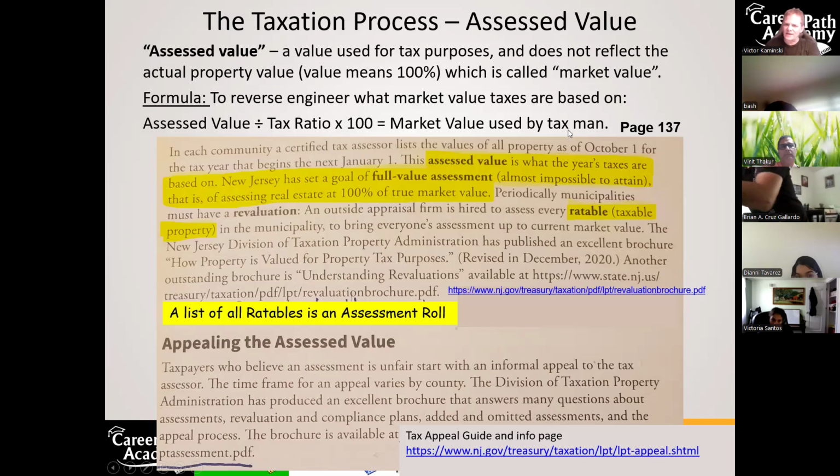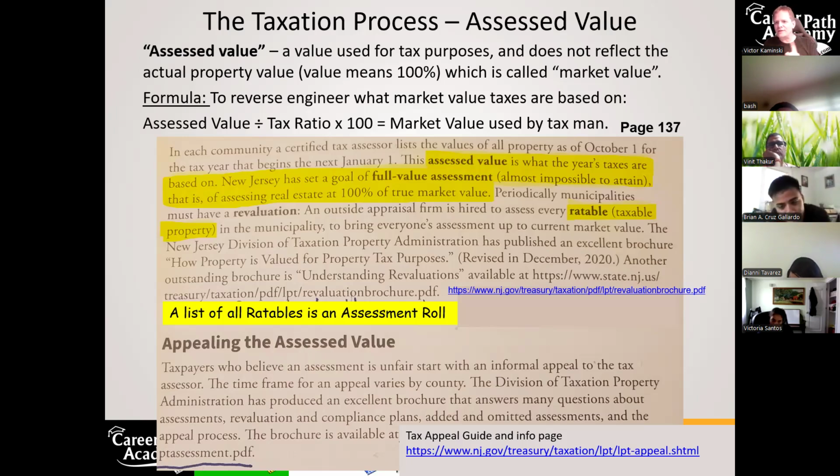So if what the tax man figured your market value to be is actually higher than what it really should be, then you could do a tax appeal. You could appeal the value that the tax assessor assessed your property at if they overestimated the actual market value by more than 15%.